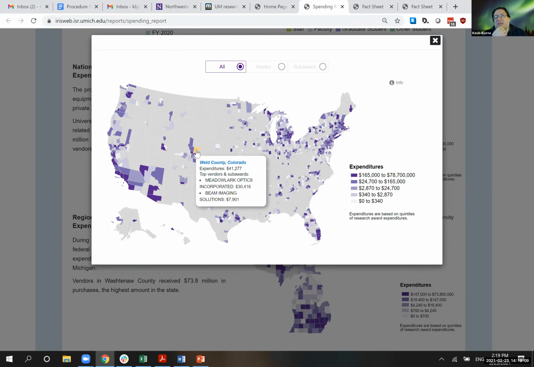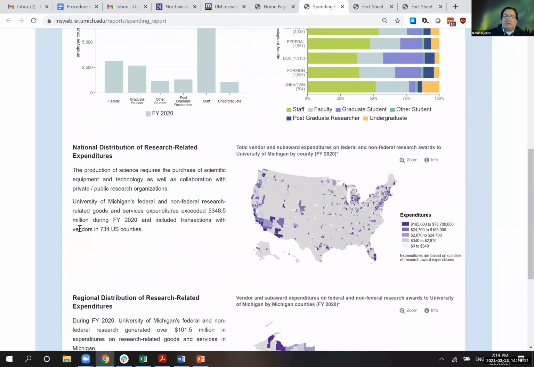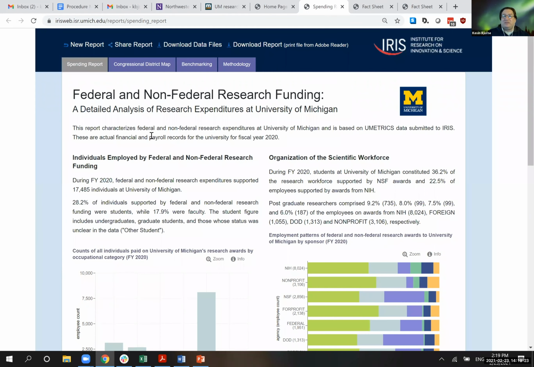And then that can be used to tell very interesting stories, very interesting impact stories about research. So there's a large suite of different tools here that IRIS provides beyond just these reports.